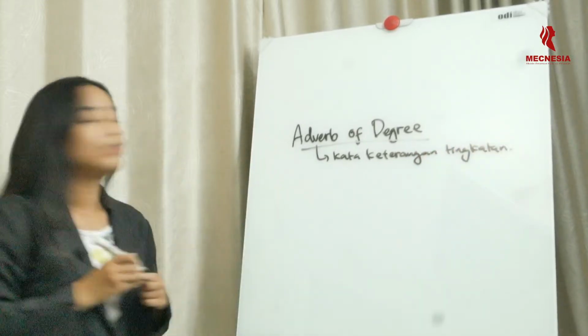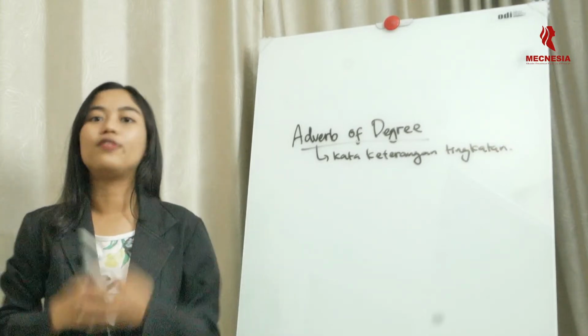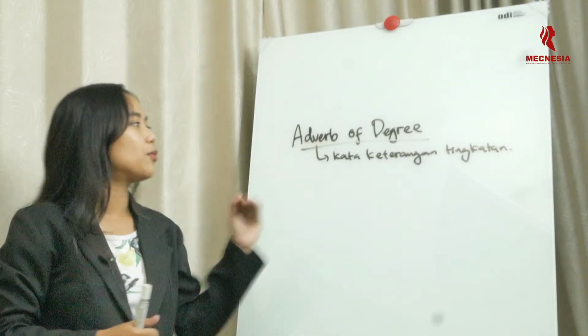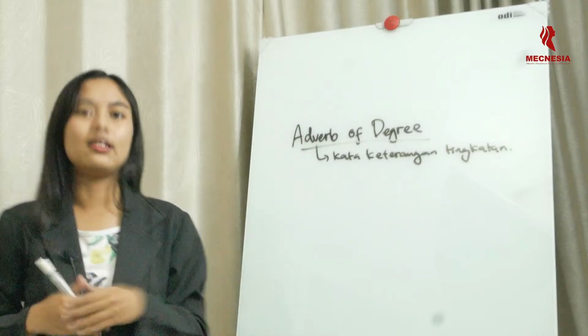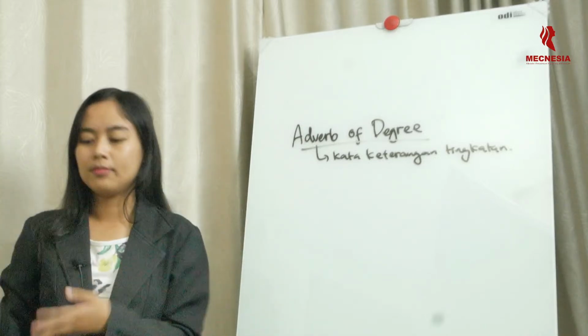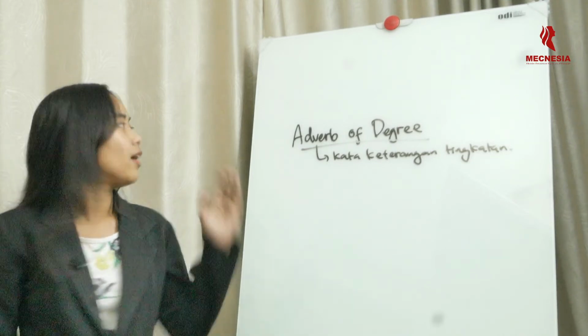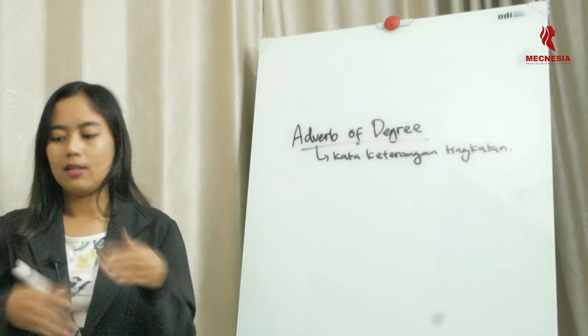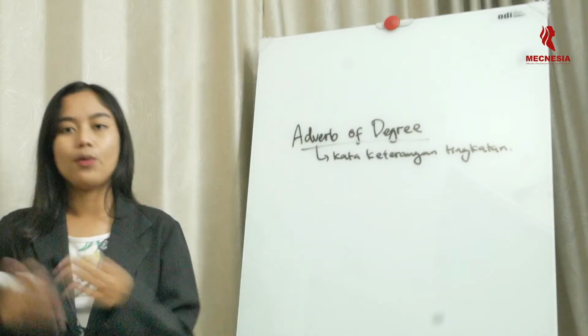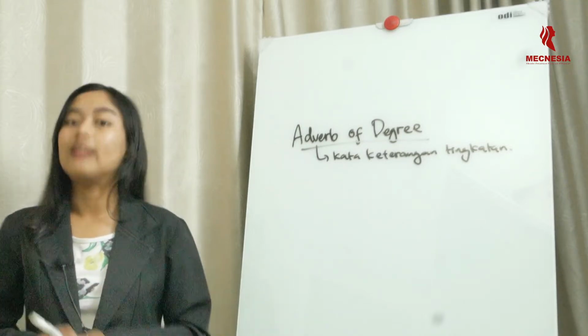We use it to show the intensity of the action. Kita biasanya gunakan untuk menerangkan intensitas dari suatu kegiatan ataupun sesuatu yang mendeskripsikannya. We usually put adverb of degree before the adjective or the verb or the other adverb.